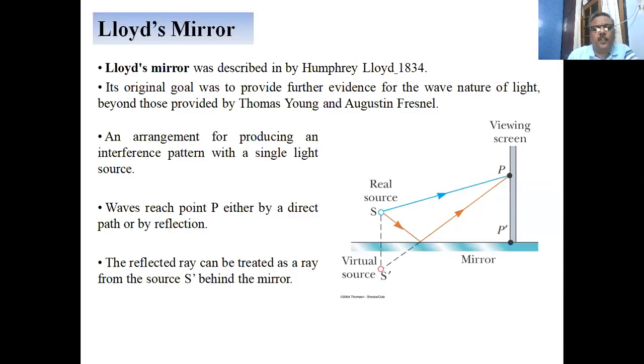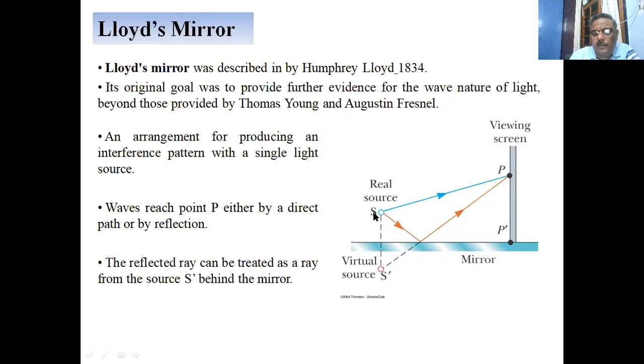The second device is the Lloyd's mirror, which was described by Lloyd in 1834. Its original goal was to provide further evidence for the wave nature of light. This is an arrangement for producing an interference pattern with a single light source. Waves reach a point P either directly from the source S or after reflection by a plane mirror.